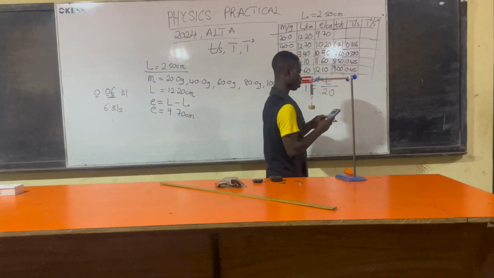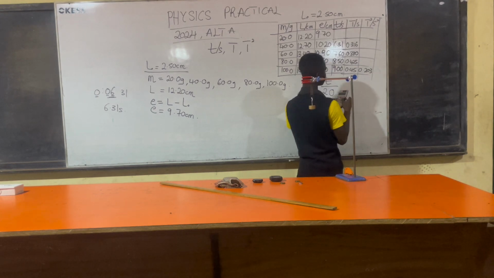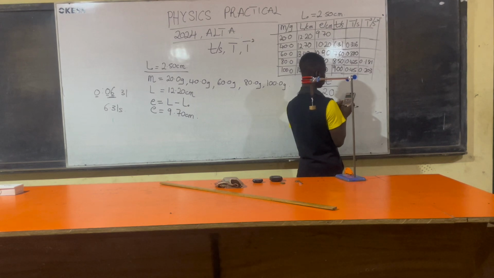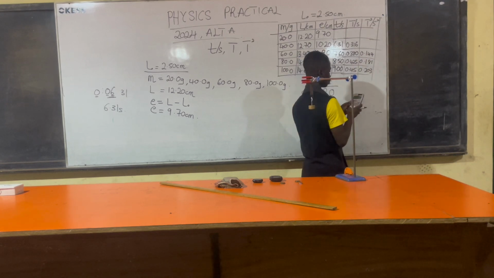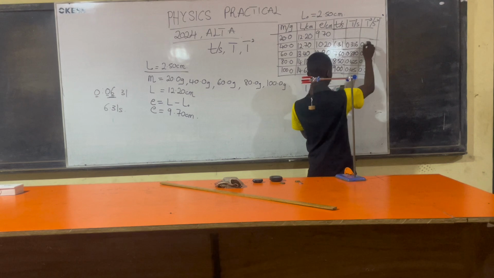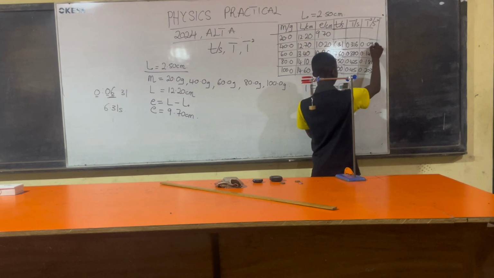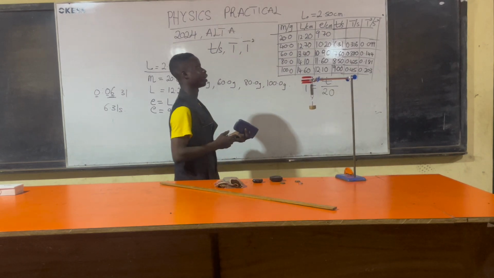So answer squared, we have 0.203, 0.181, 0.144, 0.099.